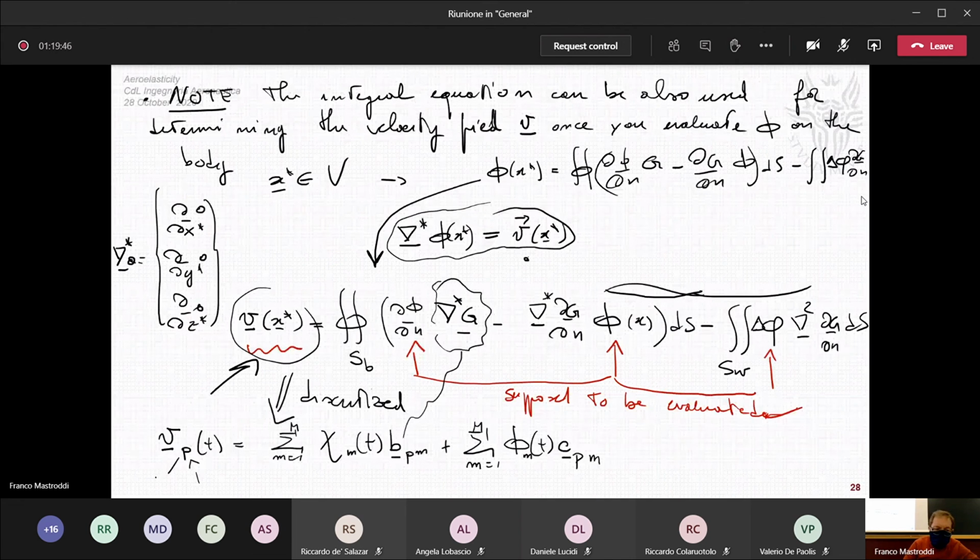P now is the same as x star, and the index m is the x variable. And finally, for the wake contribution, we have again a summation for n from 1 to capital N, and we have this other term, delta phi n, function of time, multiplied by this vector coefficient F n.